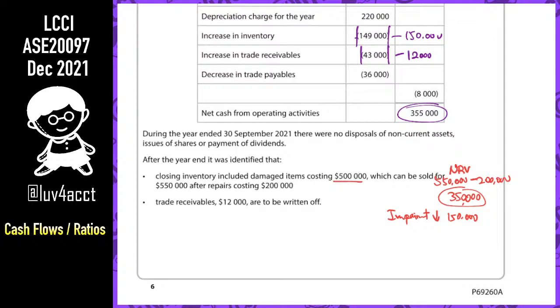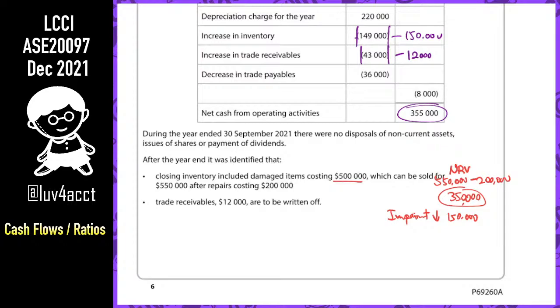Impairment, you just revalue your inventory. It is originally worth more, but from the impairment review you find that it is not worth that much. In the process, you haven't paid anything, you haven't received anything, so it is a non-cash transaction.